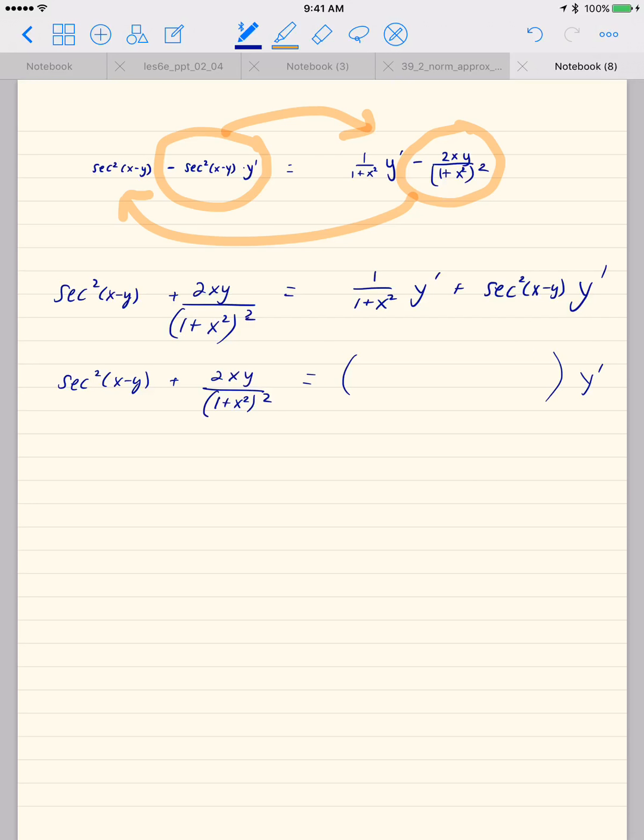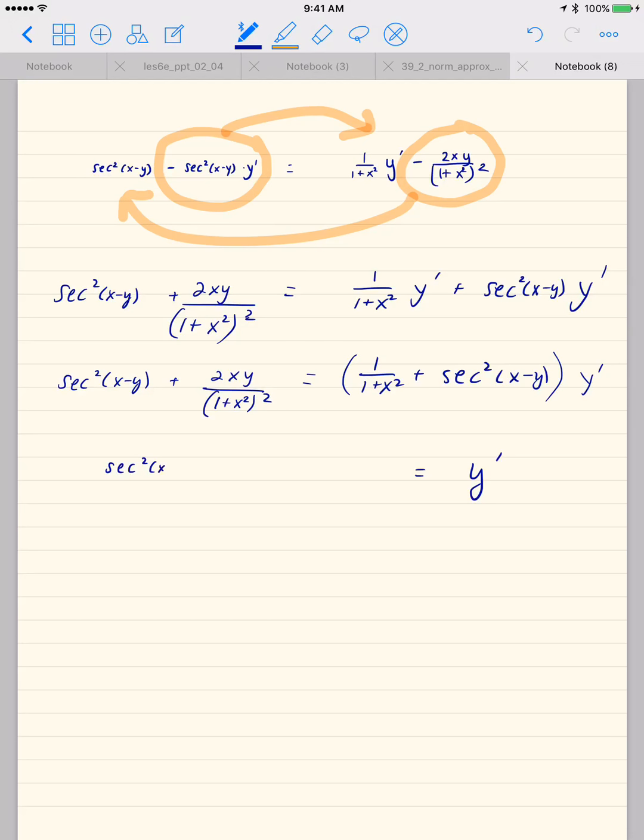And this factor for the left-hand side is going to be 1 over 1 plus x squared plus secant squared x minus y. Now I'm going to divide both sides by that factor, right? So I get y prime equals, oh boy, this is not cute.